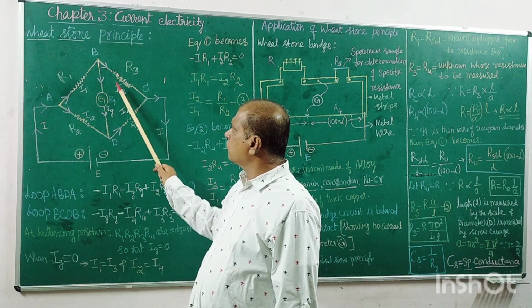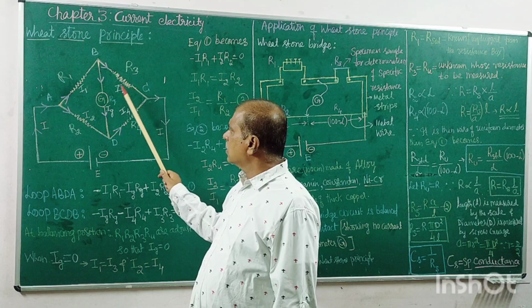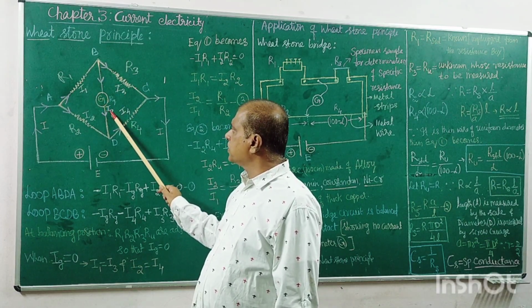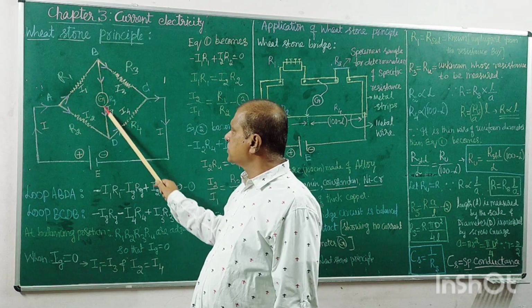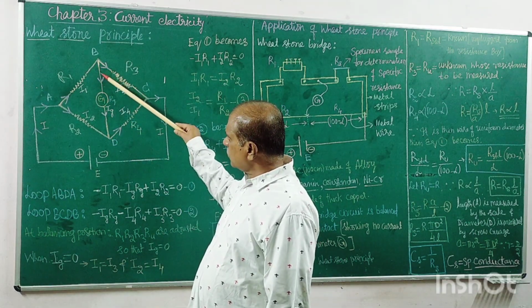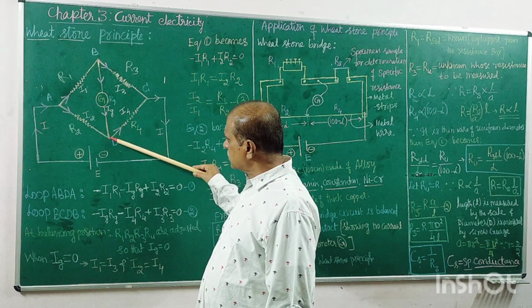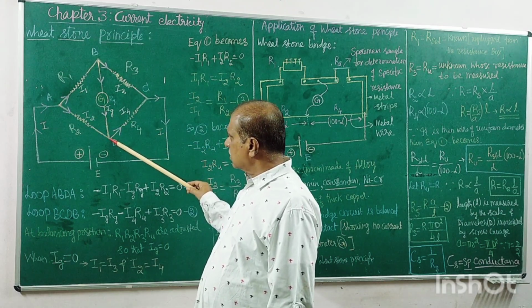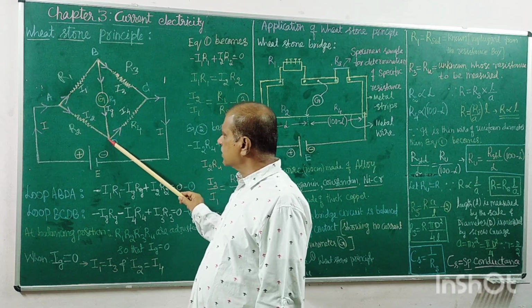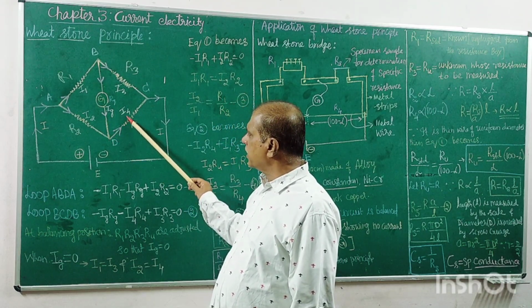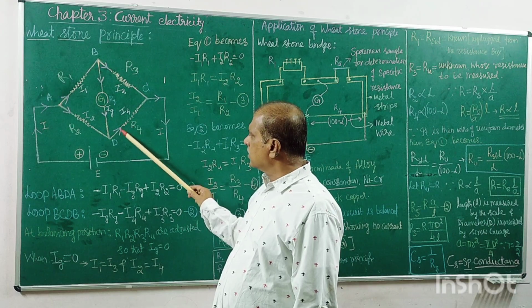I3 flows through this resistor and Ig flows through the galvanometer. When these currents reach this junction, they merge into one single current, leaving.